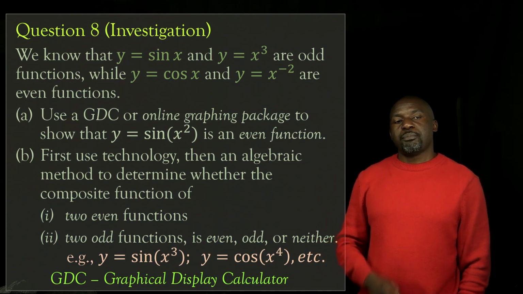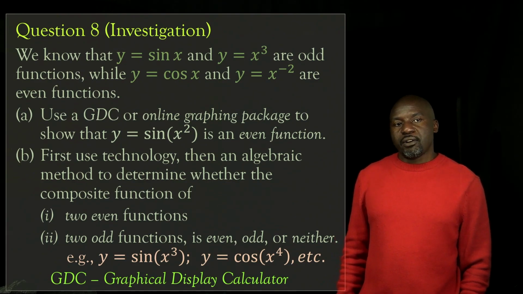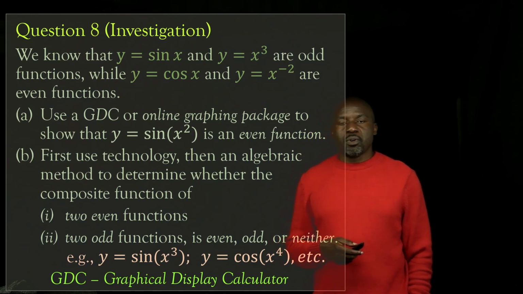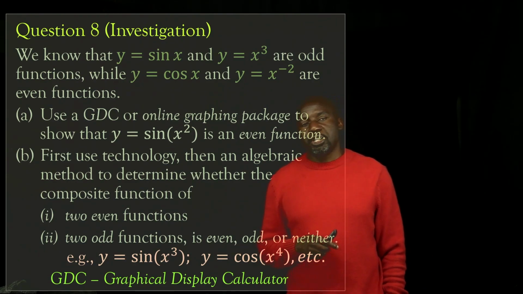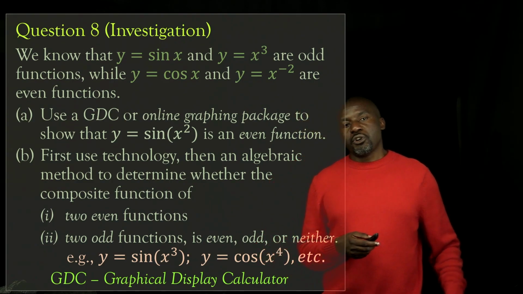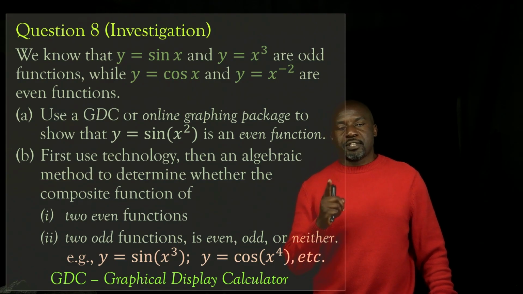It is especially important for the HL student to be able to handle even and odd functions, and also to be able to apply them when we get to other topics, especially trigonometry. We need to be able to show that the cosine of negative x is the same as the cosine of x, while the sine of negative x is the same as the negative sine of x.